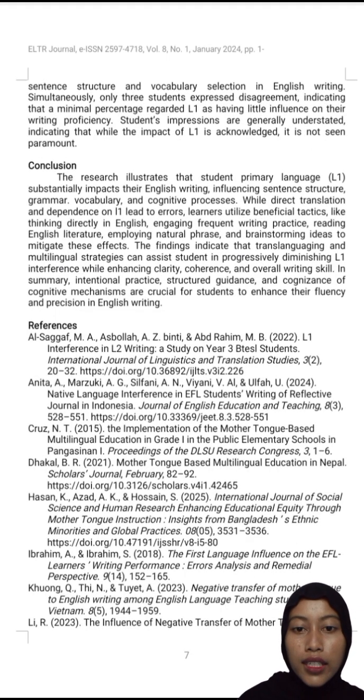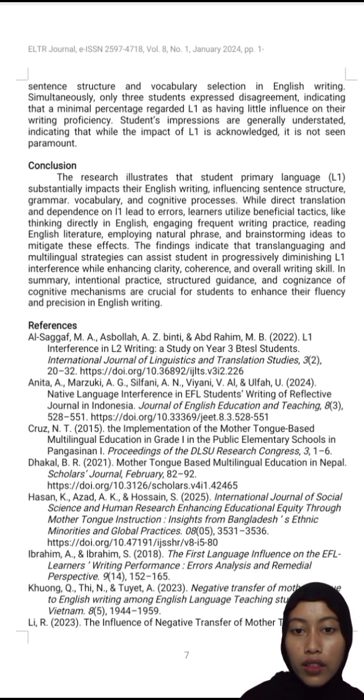Conclusion: the study concluded that a student's mother tongue substantially impacts English writing, influencing sentence structure, grammar, vocabulary, and cognitive process, while direct translation and dependence on the first language can cause errors.